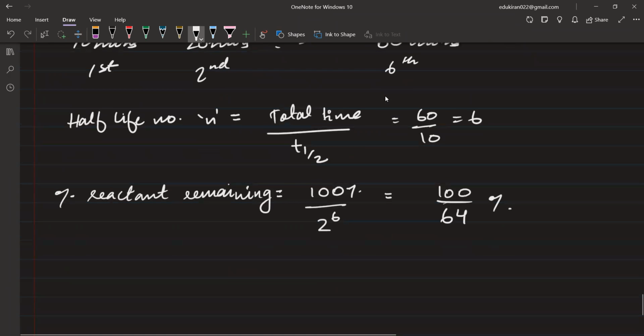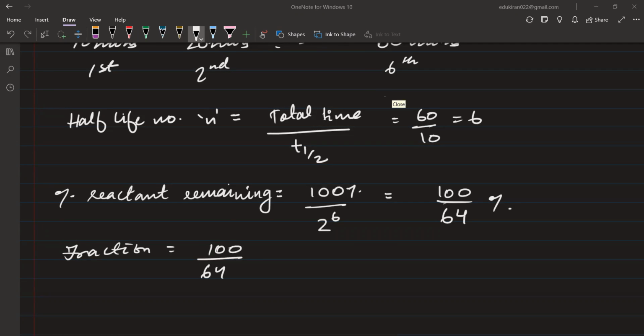Okay, this will be in percentage, 1.56%. You should write 1.56%, then it will be correct.